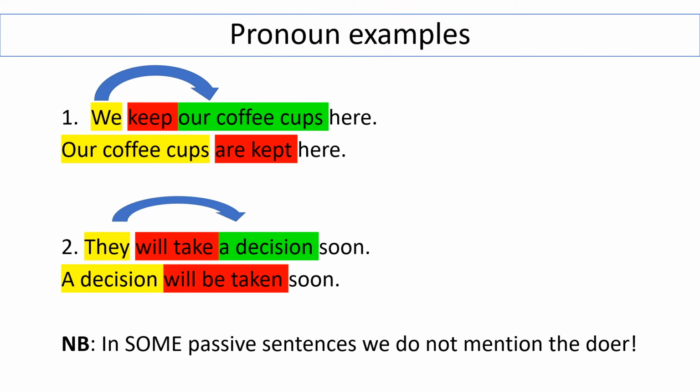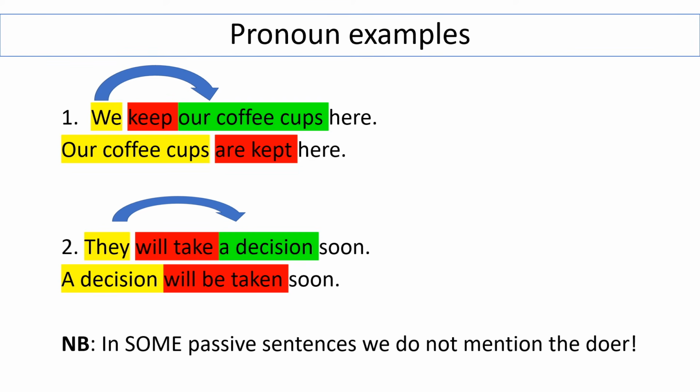Step 6. End off the subject from the active sentence and the new passive sentence will read, our coffee cups are kept here. You will notice that here did not move around in our sentence. If there is anything to do with time and place, it remains in that position in the sentence.